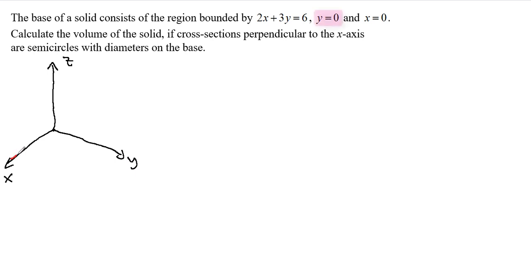Y equals 0 is our x-axis, so we mark it in red. X equals 0 is our y-axis, we mark it in green. 2x plus 3y equals 6 is a line in the xy plane that crosses the x-axis at x equal to 3 and the y-axis at y equal to 2.